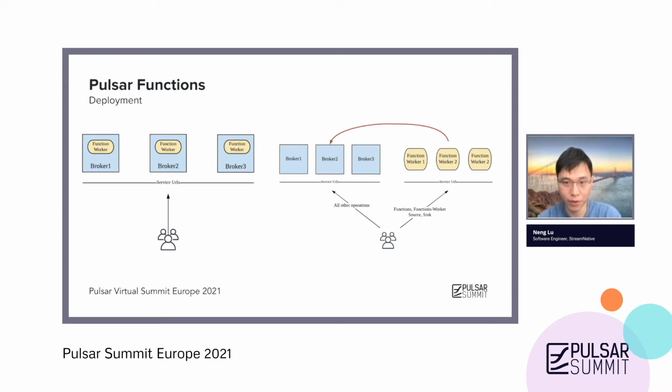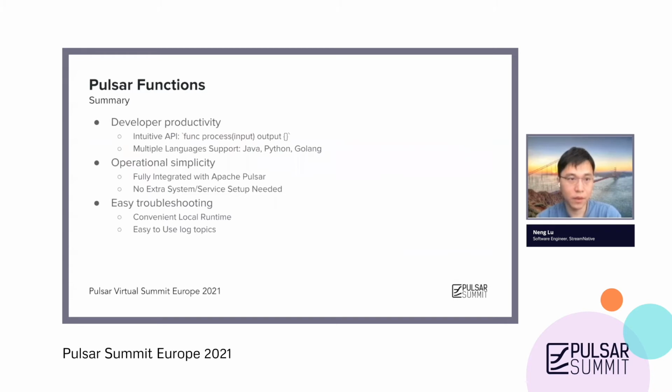Pulsar brokers. And here's the summary. Pulsar Functions increases developer productivity by providing a very intuitive API and multiple language support. It reduces operational cost by fully integrating with Apache Pulsar and not requiring you to set up a separate bare-metal cluster for running these computing functions.